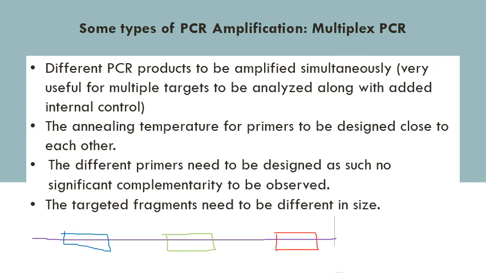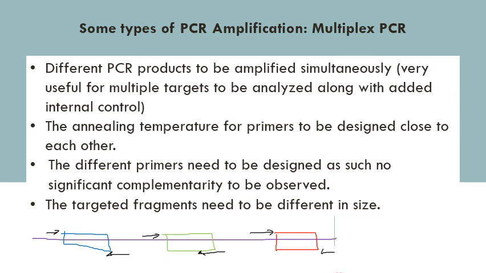At the same time, instead of having this separately and this separately, in three different reactions, I just design my primers. I'll just need a forward and reverse primer for each location or each site that I need to amplify or detect.